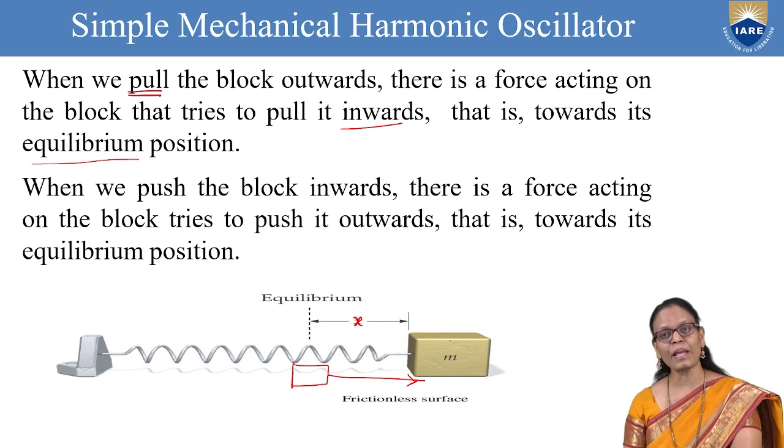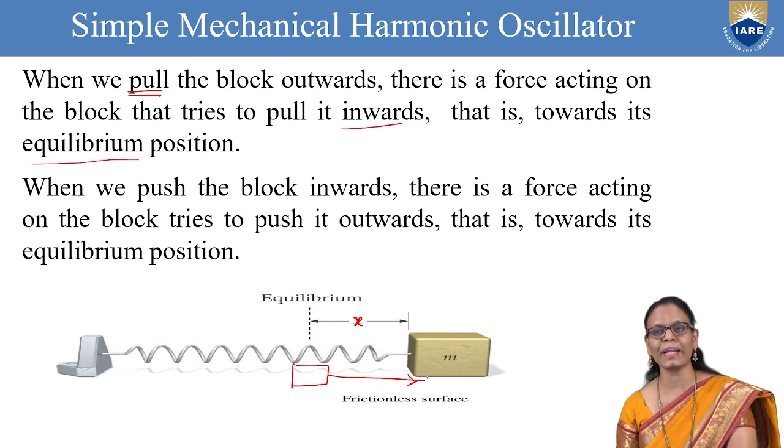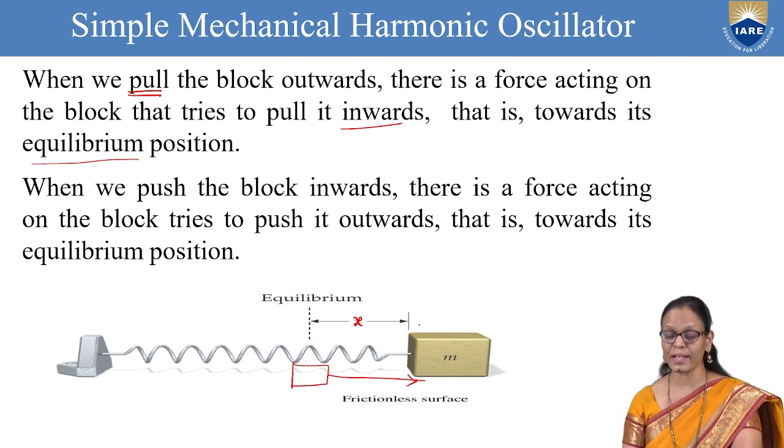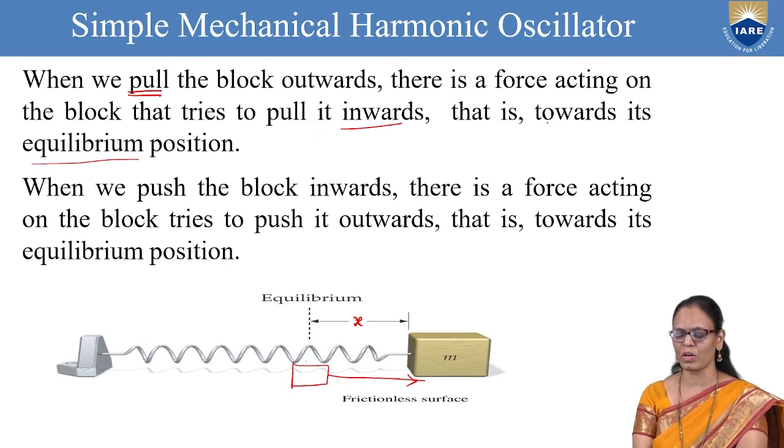Now there will be action and reaction. Whenever there is action, there is always a reaction. So when I am pulling it towards the right, there is always a force that acts on the block that tries to bring it back to the normal position, or the equilibrium position.